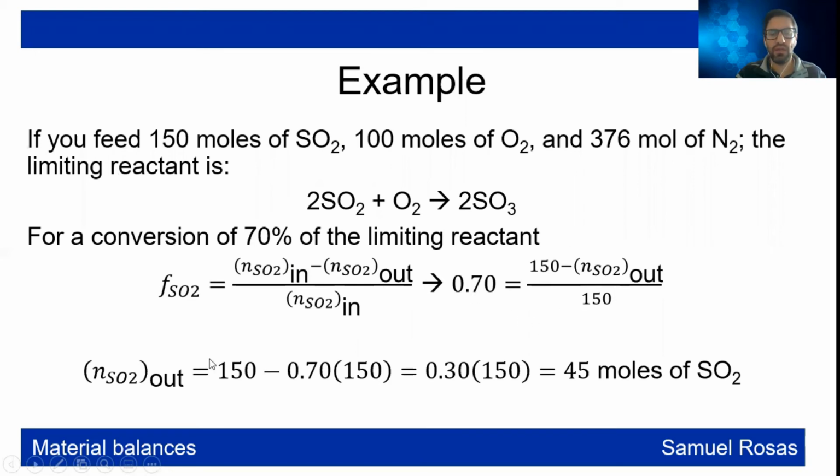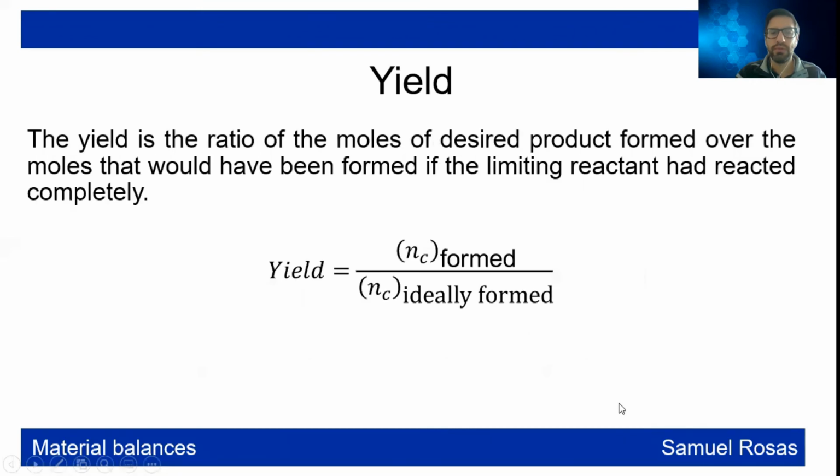So you can solve for this amount that is going to go out, right? Then you will have 150 minus 0.70 times 150. So the 70% is reacting, so the 30% is going to go out. So the amount that is going to go out in this case is 45 moles of SO2.